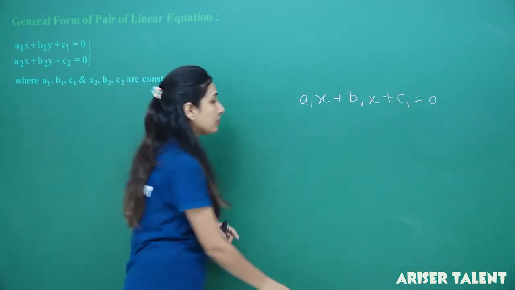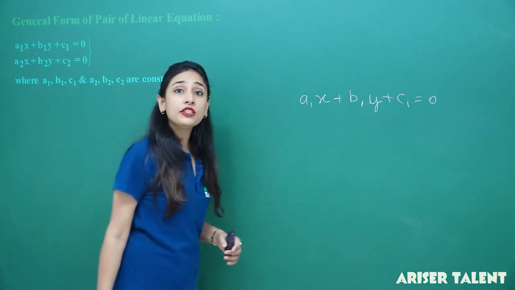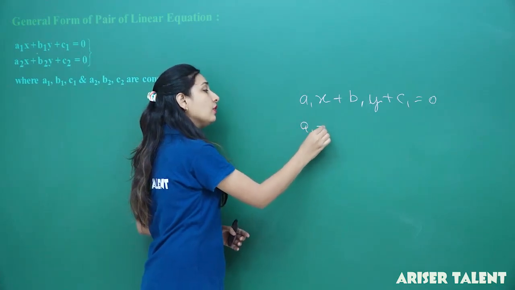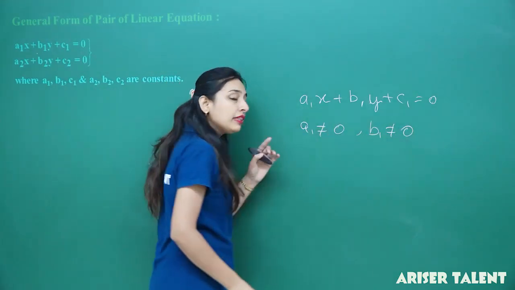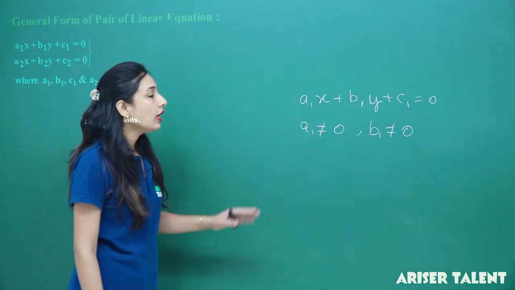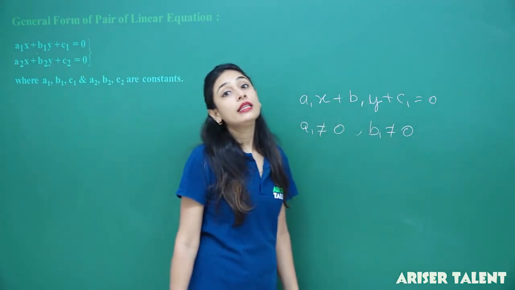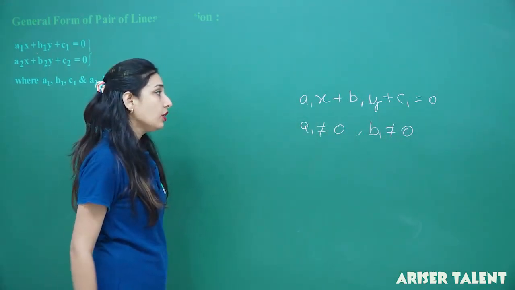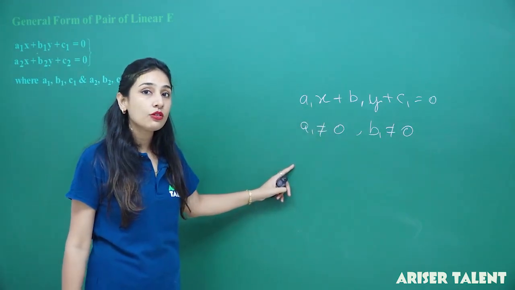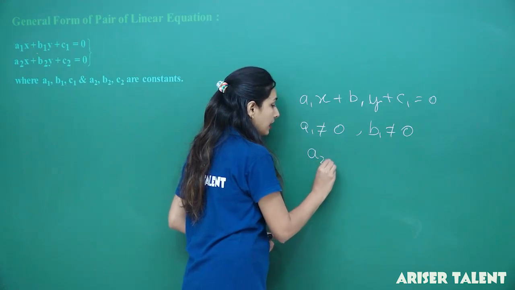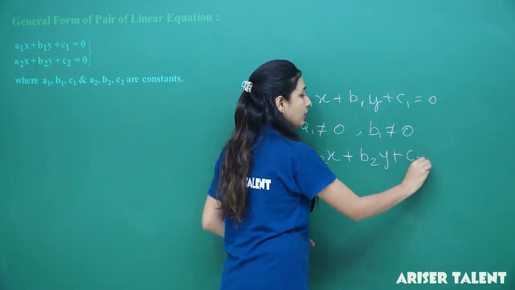Now what is the condition? a1 cannot be 0, b1 cannot be 0. Then a1x plus b1y plus c1 equals 0 is our linear equation in two variables. I have told you if I am going to solve this equation, I have to have the second equation also. So the second equation is nothing but a2x plus b2y plus c2 equals 0.